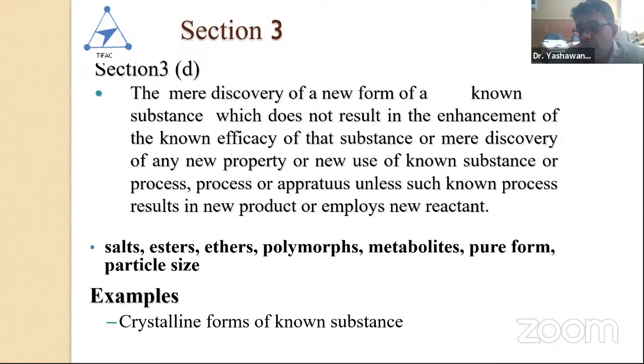They say, no, it behaves very differently when particle size is very small. If I have a nanomaterial, the whole material behaves differently, so that's a different material. But in patent parlance, they say, no, it's a new form of a known substance. It is not patentable. So what can be patented here?